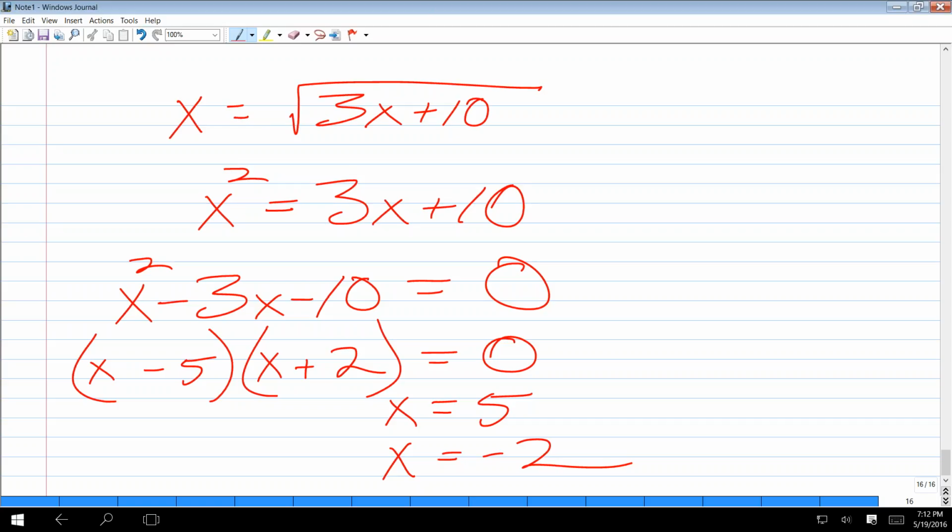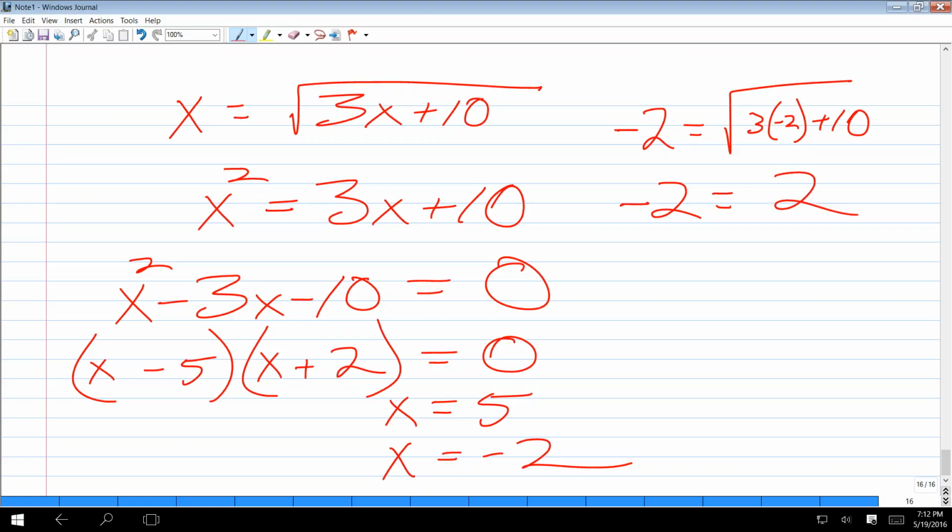If you plug in minus 2, here's what I would have: minus 2 for x, is that equal to the square root of 3 times minus 2 plus 10? And the answer is no, it isn't. So this answer is extraneous and we discard it.